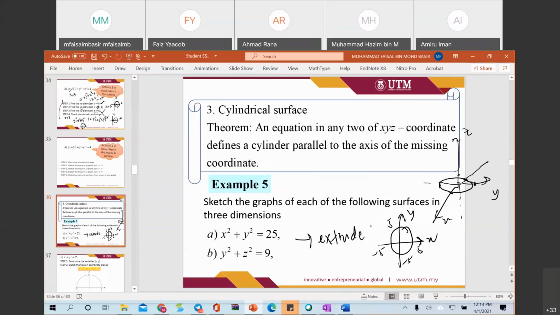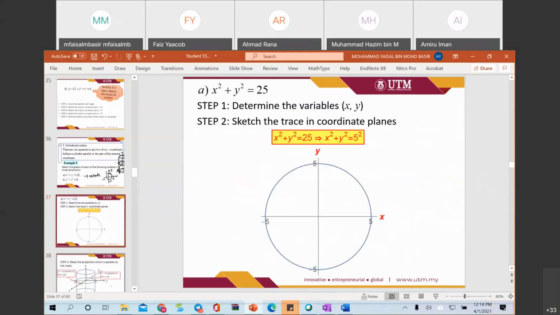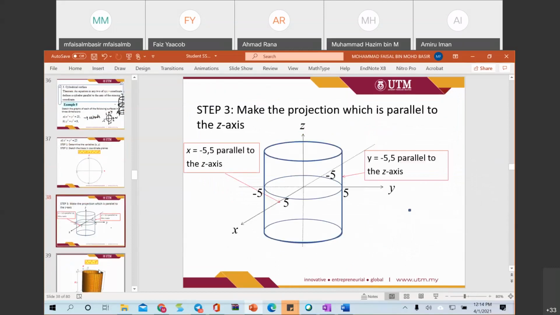So z is missing, which means you have to stand here. Of course my drawing is not so nice. So what do you have here? You see, we only have the xy trace, something like this. If you want to know further, there is no z, right? Z0.